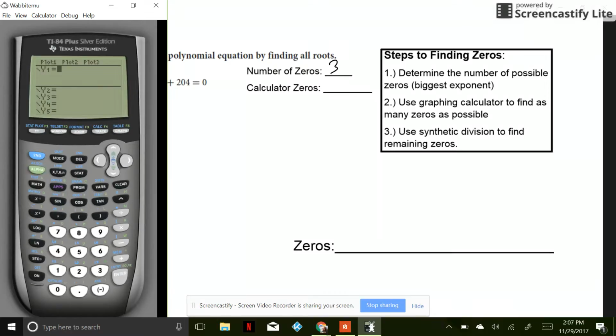So we've got 2x cubed minus 12x squared minus 34x plus 204.